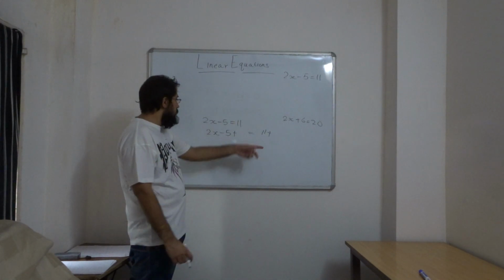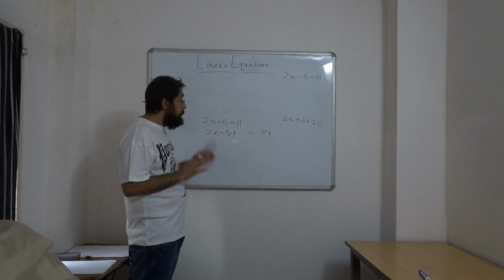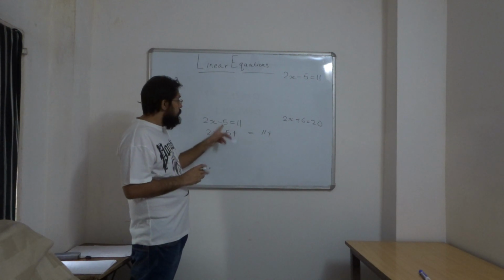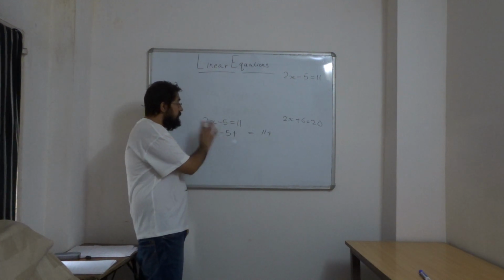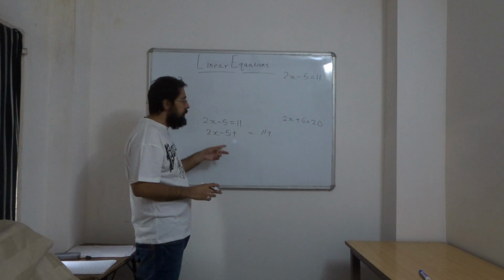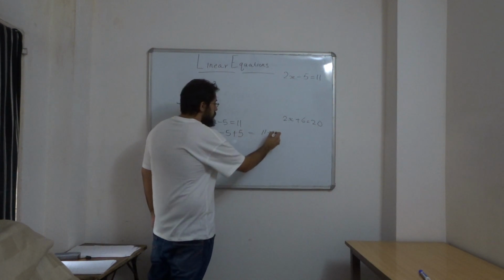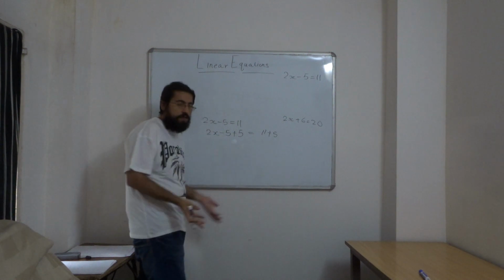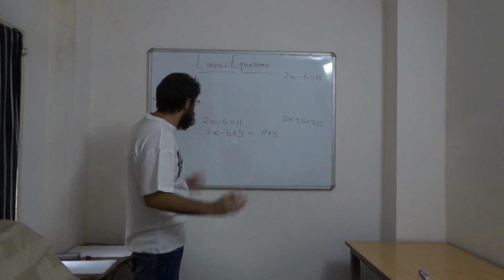Which number do we add on the other side? Remember what I told you, that whatever variable or constant is in front of the sign, we have to substitute that. Whether it's an alphabet, meaning a variable, or a constant, meaning a number, whatever it is.